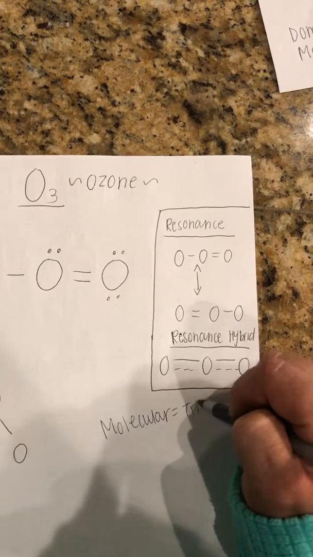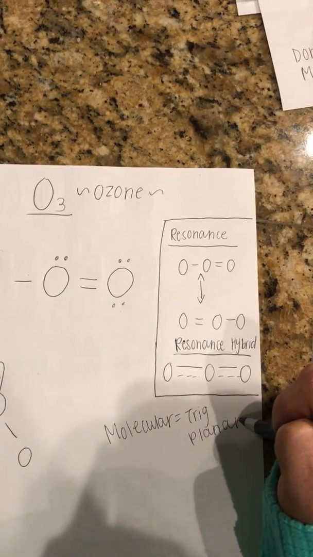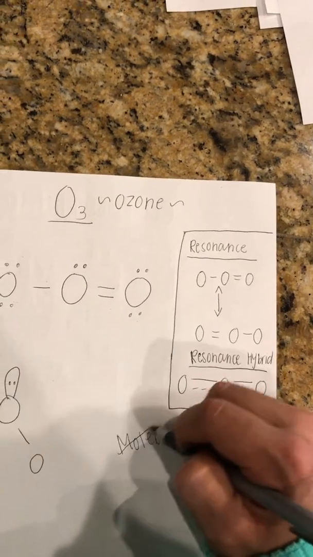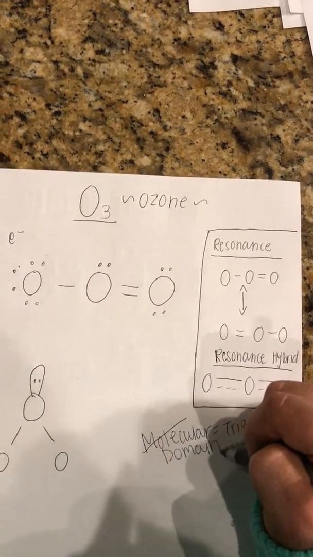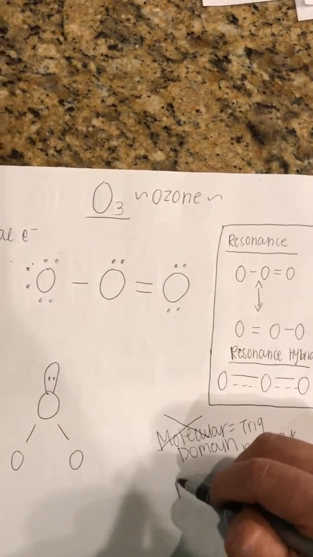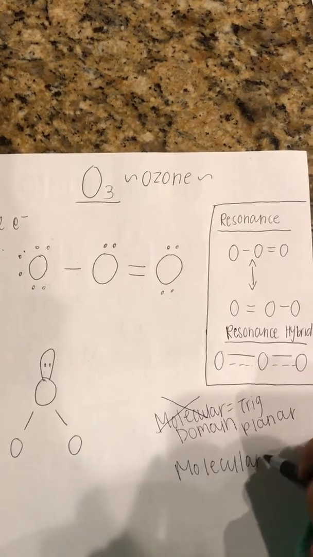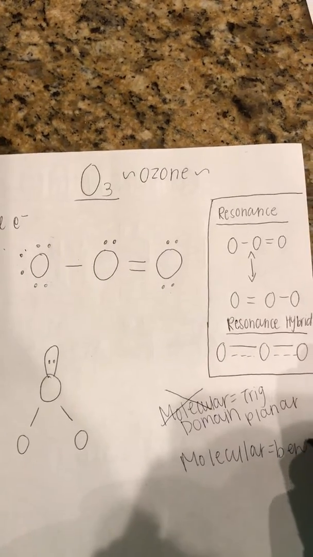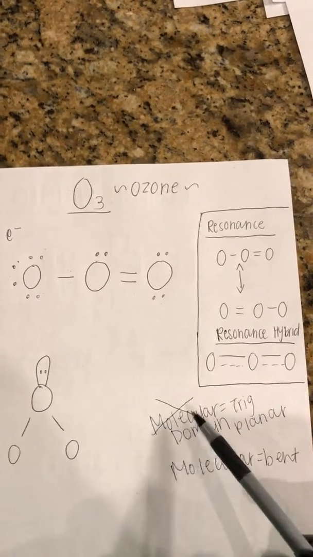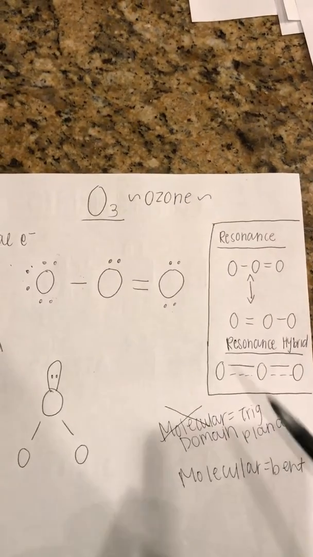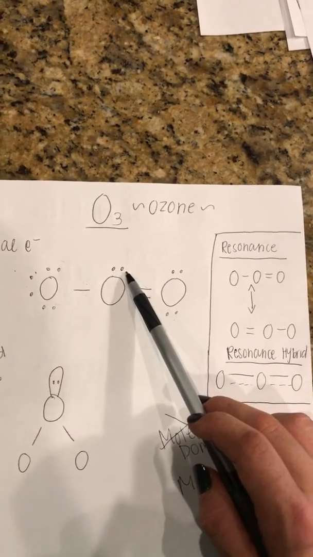I'm sorry, the domain geometry is trigonal planar, and the molecular geometry is bent. Trigonal because you have 3 domains for the domain geometry, and then molecular being bent because you have 2 bonding and 1 non-bonding pair.